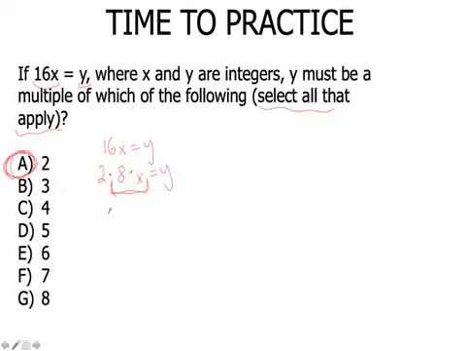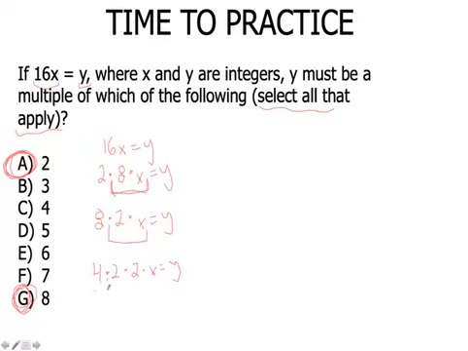And then I can just flip this around and say, well, couldn't I write 8 times 2 times x equals y? Well, sure. And then 8 times this unknown quantity equals y. So y is a multiple of 8. Can I go any further? Yeah, let's break 8 down. 4 times 2 times 2 times x equals y.